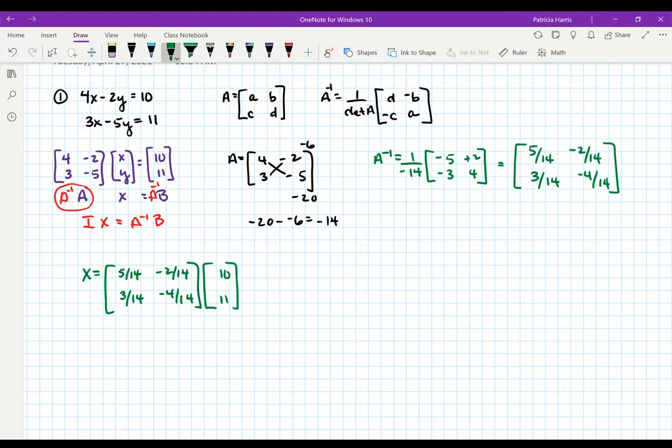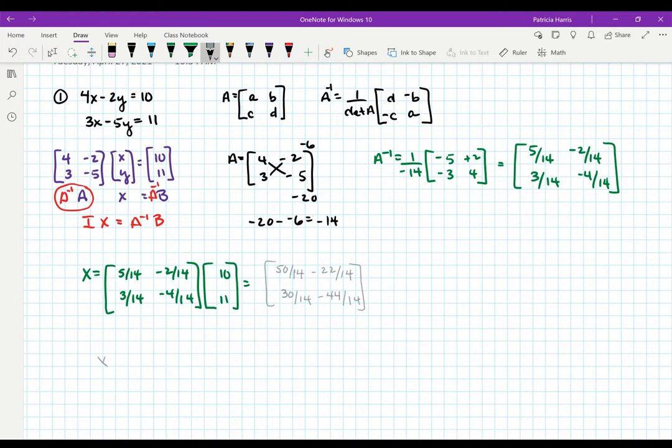Okay, now we're going to do our matrix multiplication row by column. It's essentially a dot product. So 5/14 times 10 is 50 over 14. And then negative 2/14 times 11 is negative 22 over 14. And then we move down the row. 3/14 times 10 is 30/14. Negative 4/14 times 11 is negative 44 over 14.